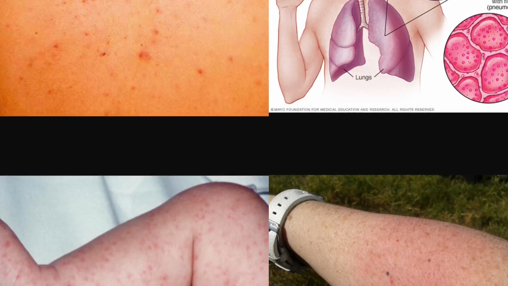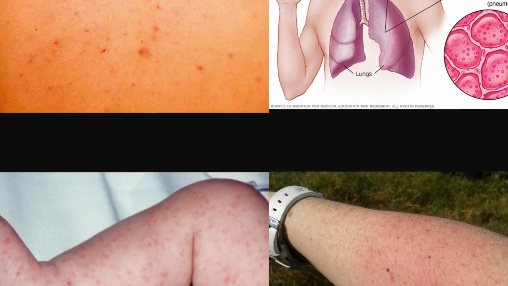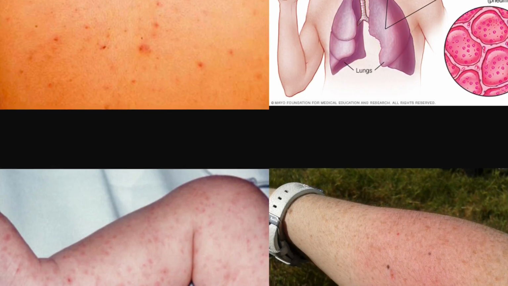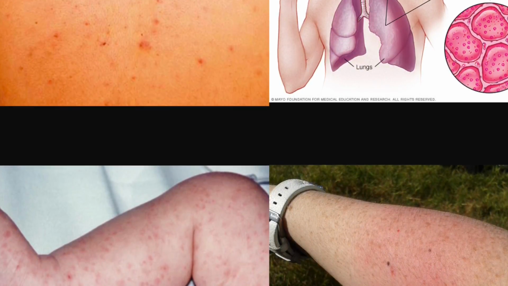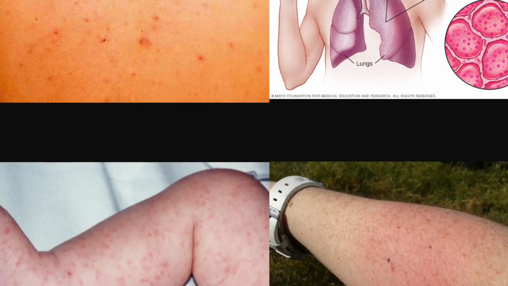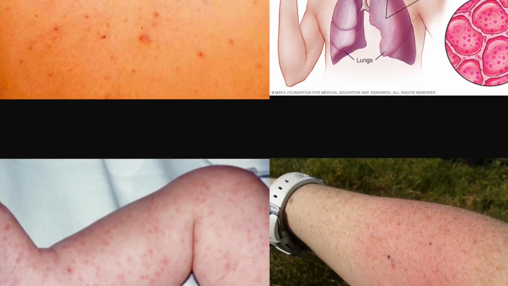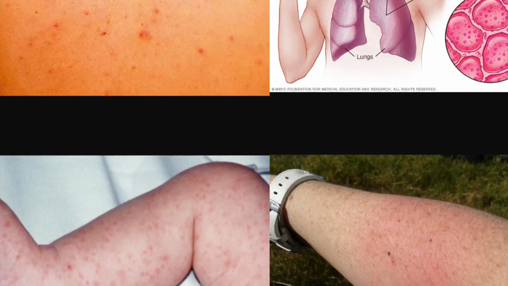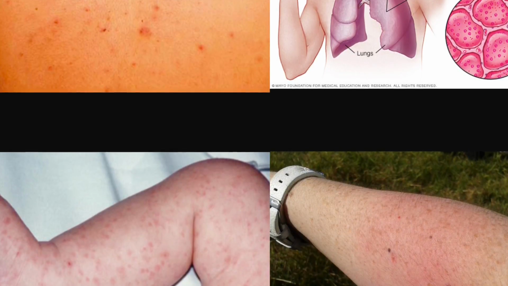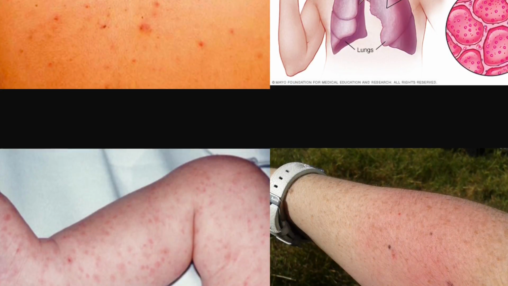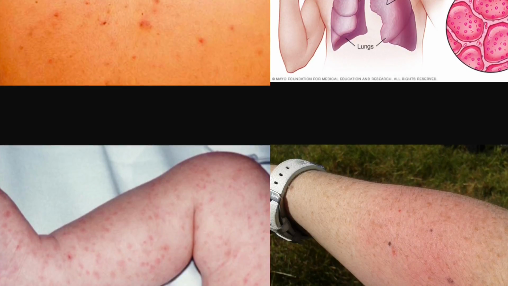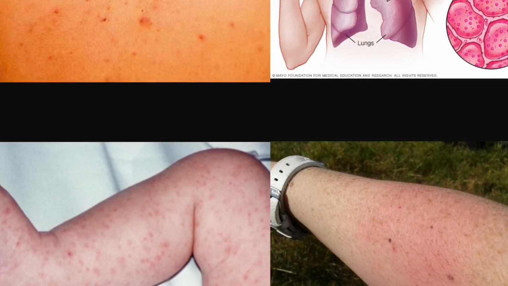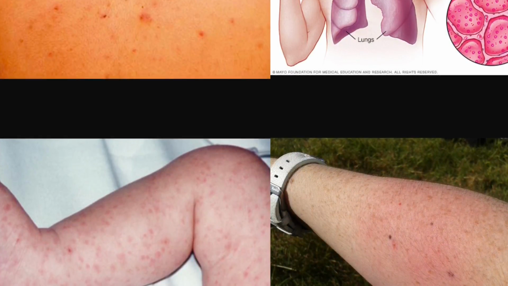Since babies with SCID have few to no T cells, they also have few to no TRECs in their blood. Other tests include CVS, not the store, but chorionic villus sampling, where a tiny tissue sample is taken from the villi of the chorion, which forms the fetal part of the placenta.